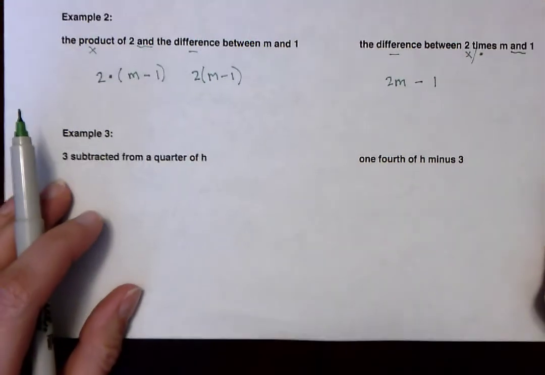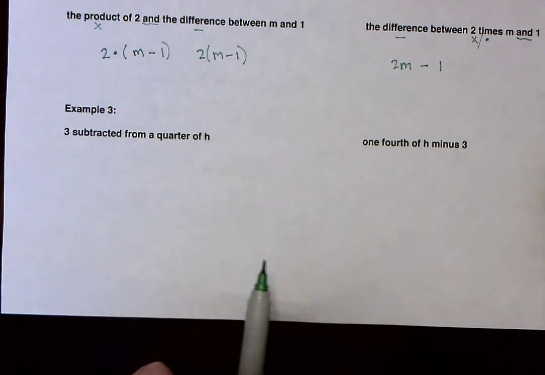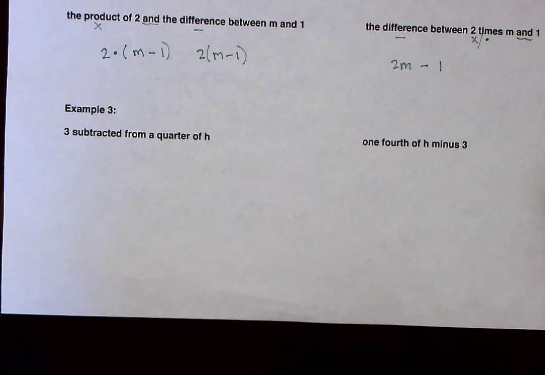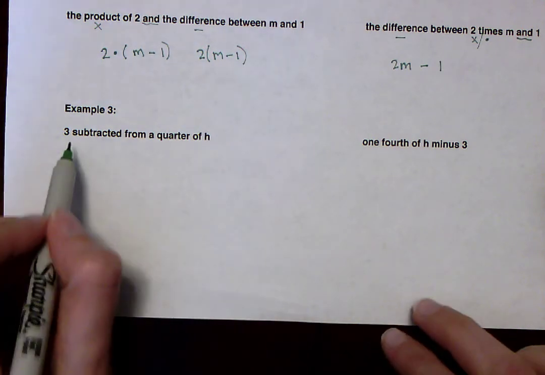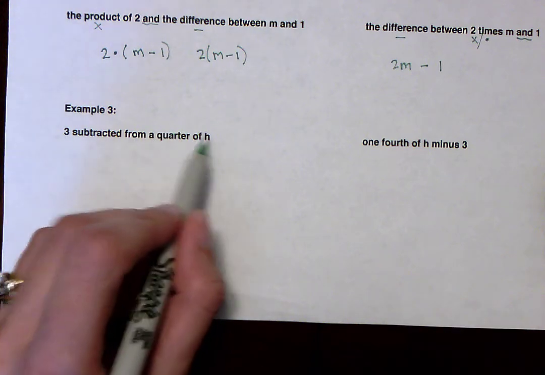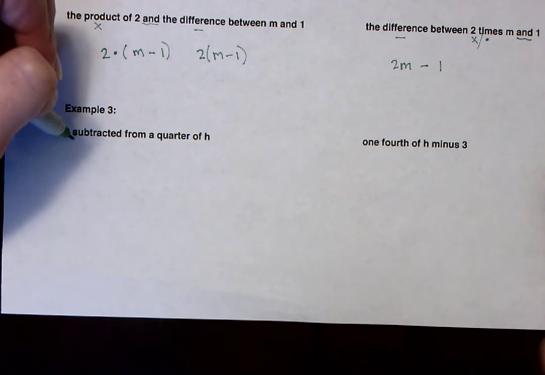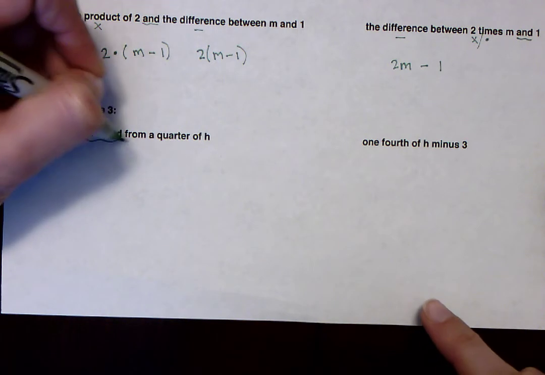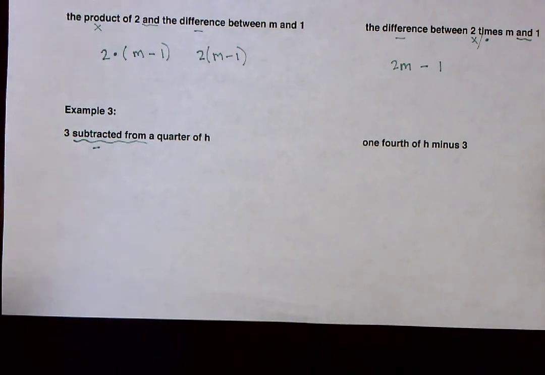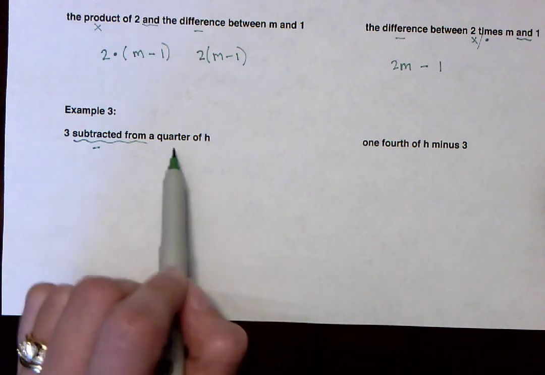The final one, I wanted to show you this one because the type of wording you use for subtraction indicates the order. So on this first one, we see 3 subtracted from 1/4 of h. Now remember, back on that chart, I told you that subtracted from means subtract, right? But the order's reversed. Instead of reading left to right, you wouldn't say 3 minus 1/4 of h.